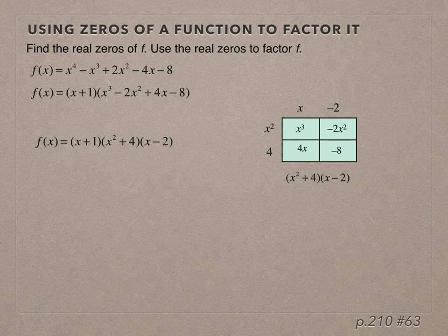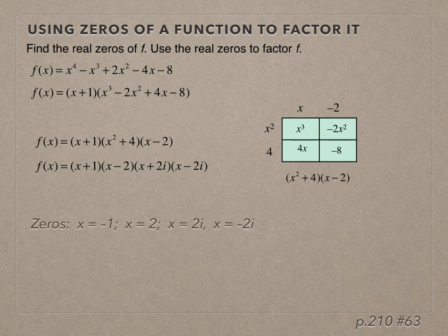So what I can do is think of this as the difference of perfect squares, but using imaginary numbers. And now I finally have my zeros. My zeros, using the zero product property, are x equals -1, x equals 2, x equals -2i, and x equals 2i.